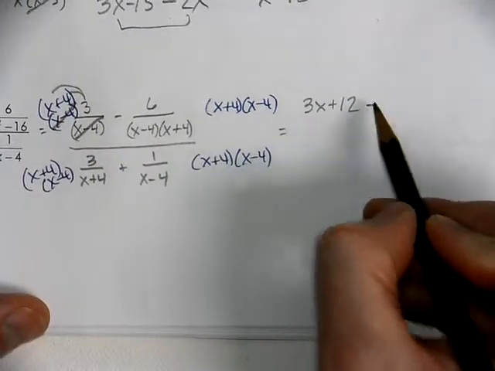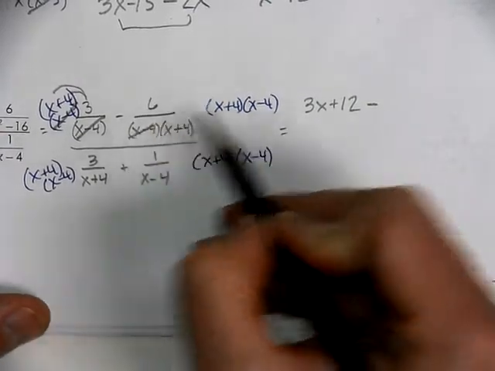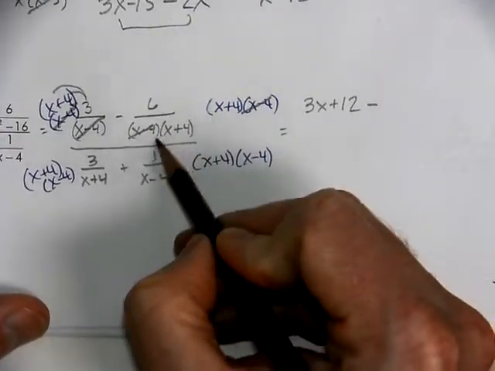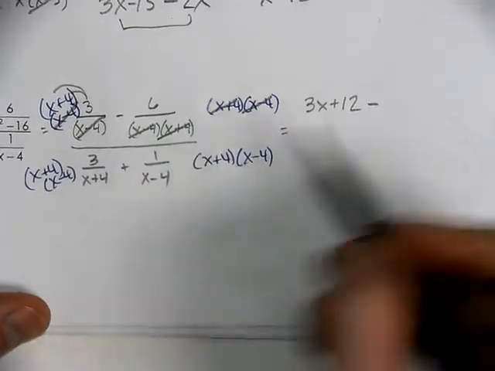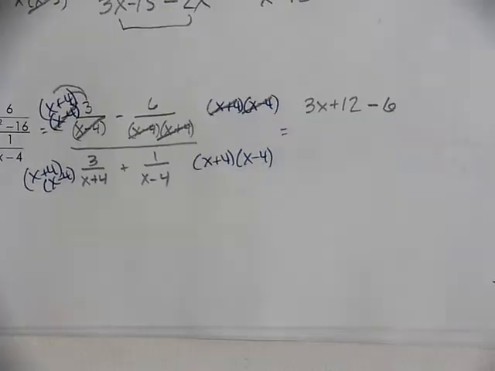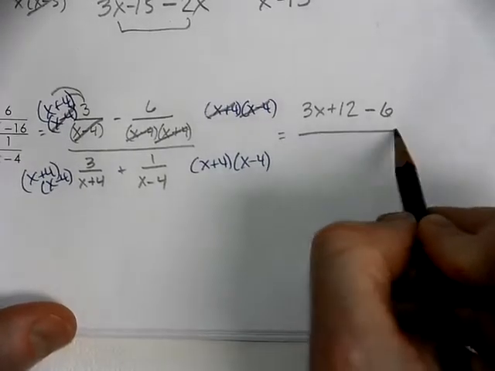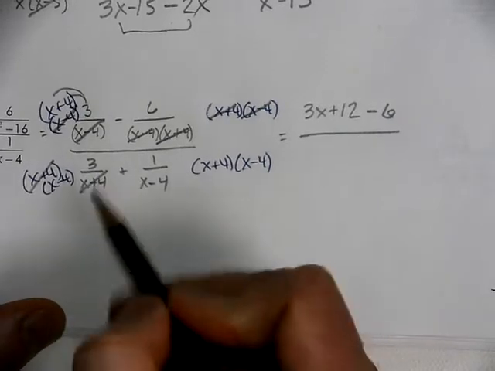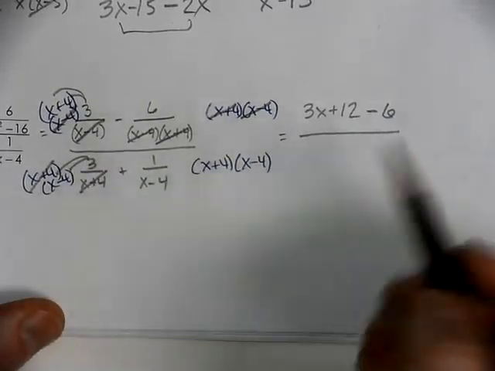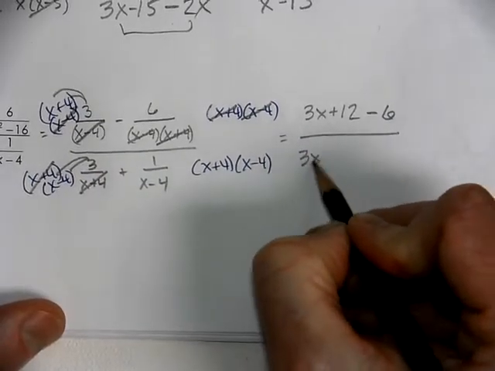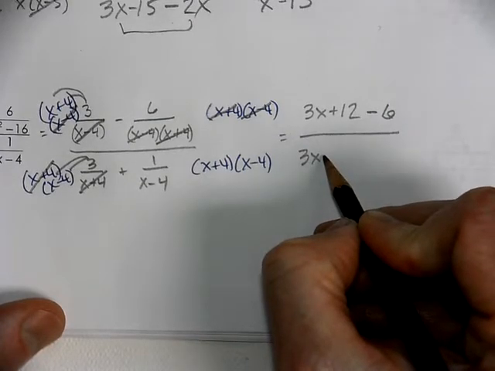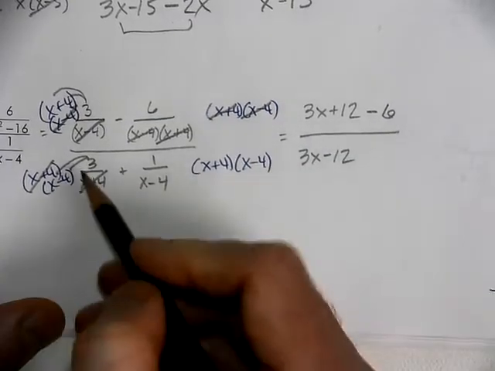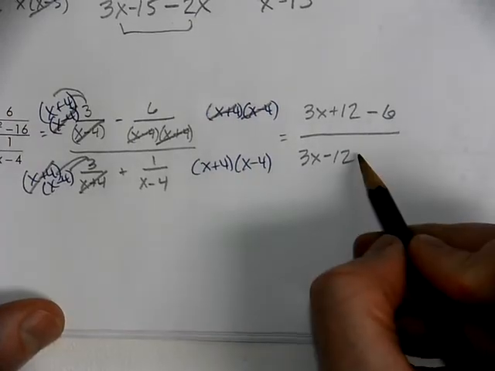Minus, in this case, the x minus 4's cross off, the x plus 4's cross off, and you're just left with 6. No other multiples. In this one, the x plus 4 is going to cross off, and we'll get 3x minus 4. Actually, 3x minus 12. You've got to distribute that to both, of course.